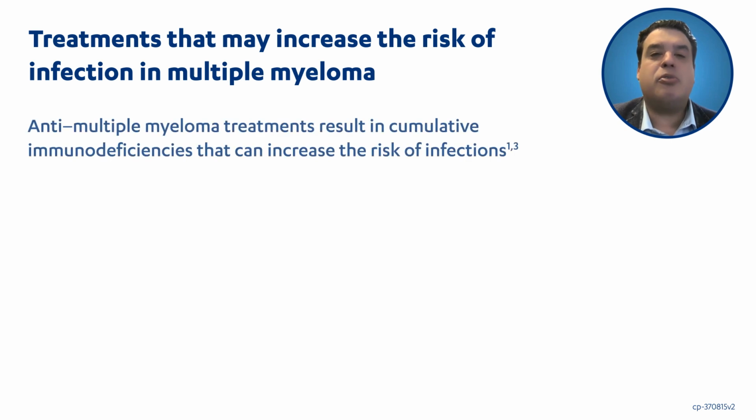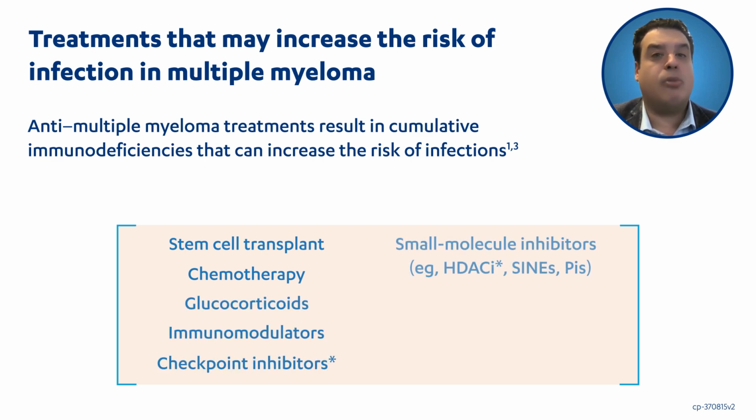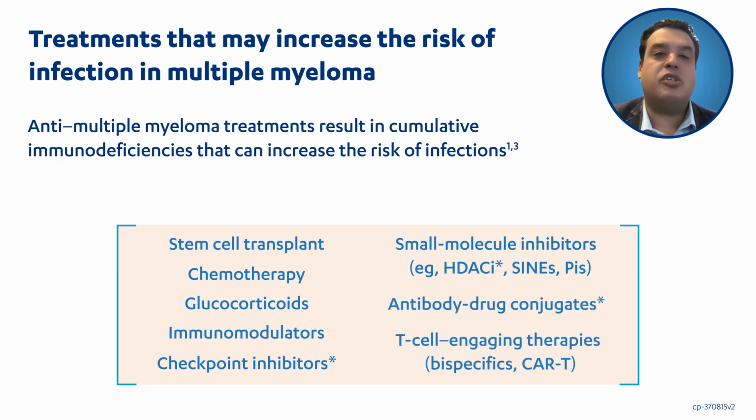Specifically, anti-multiple myeloma treatments result in cumulative immunodeficiencies that may increase the risk of infections. Treatments that may increase infection risk include stem cell transplant, chemotherapy, glucocorticoids, immunomodulators, checkpoint inhibitors, small molecule inhibitors, antibody drug conjugates, and T-cell engaging therapies such as bispecific antibodies and CAR T therapy.